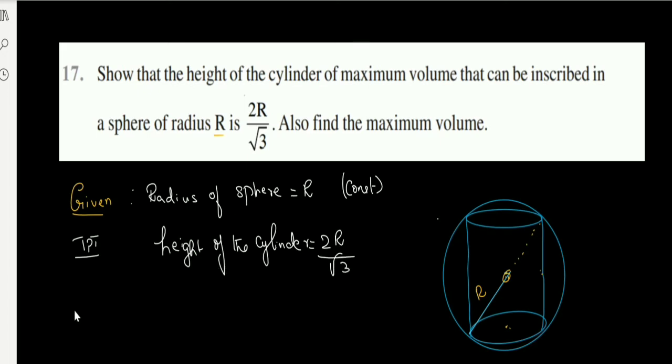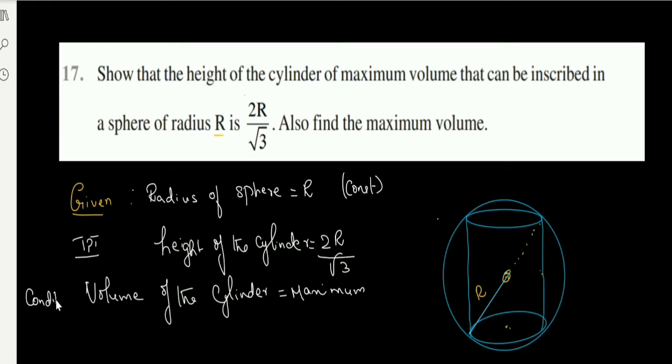That's what you're going to prove. Then what is the condition here? The volume should be maximum. So the volume of the cylinder is maximum. That is the condition given.